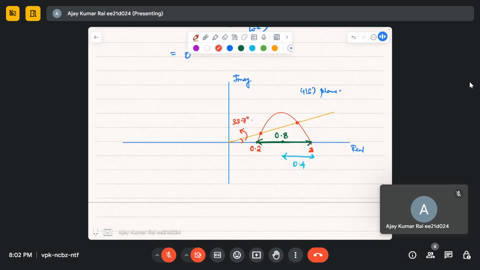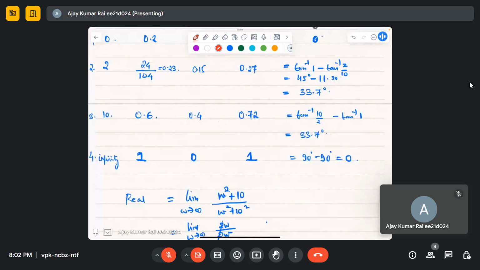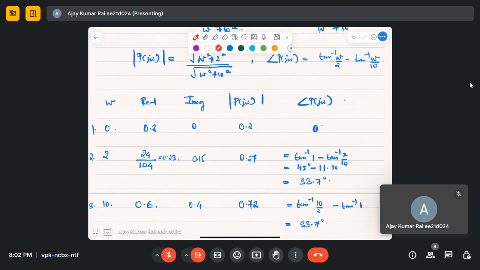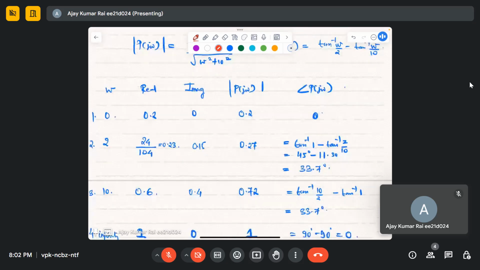This is at omega equal to 10, and this is at omega equal to 2. And if you see the magnitude also, at omega equal to 2 you will have 0.27, and at omega equal to 10 you will have 0.72.